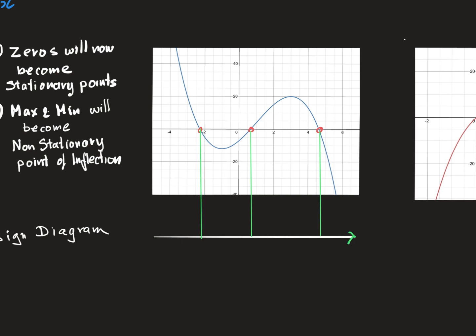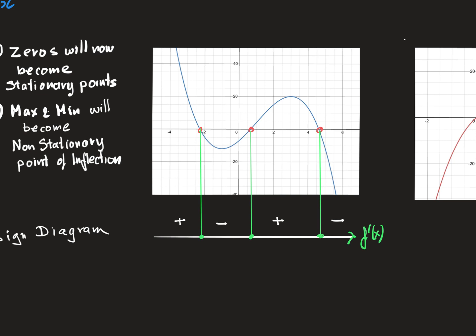Now we draw the sign diagram of that function and draw the lines where the zeros would be. Now we decide what is actually positive and negative on each side: positive, negative, positive, negative. We do this to find out whether each is going to be a minima or maxima.